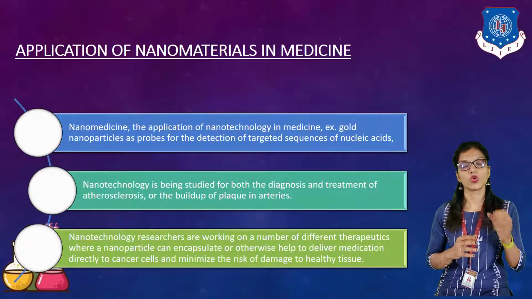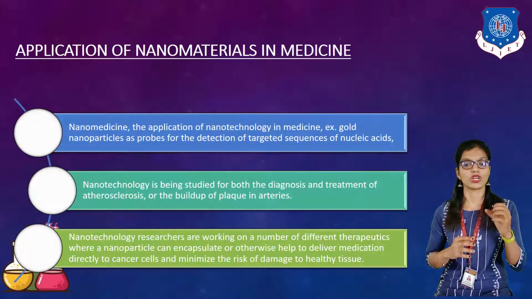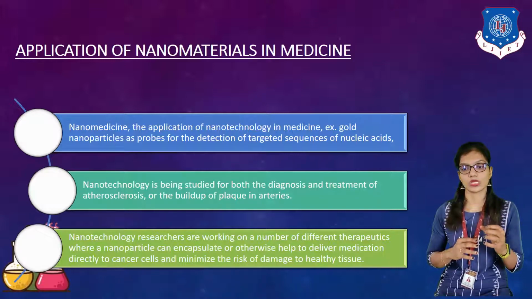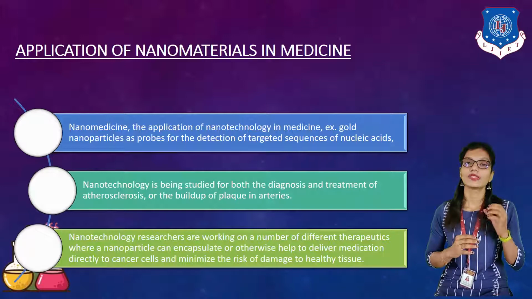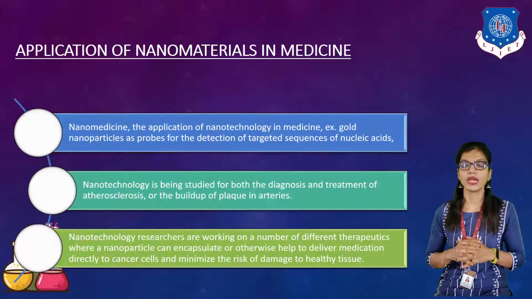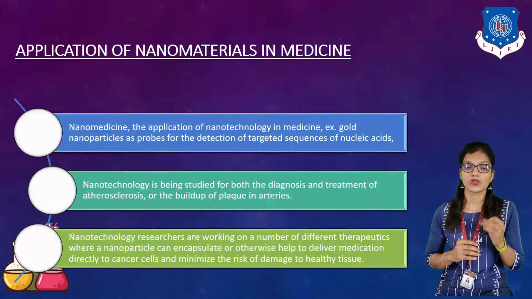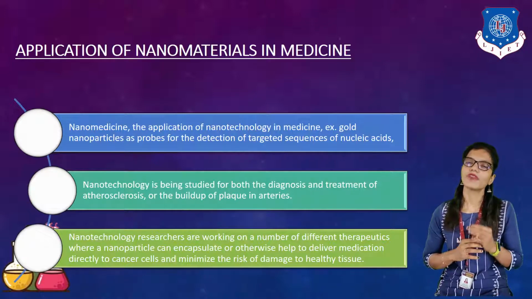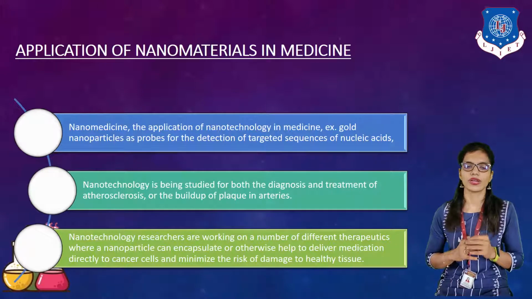For example, gold nanoparticles as probes for detection of targeted sequences of nucleic acid. Similarly, it is used for both diagnosis and treatment purposes. Right? It is widely used in the treatment of atherosclerosis or the buildup of plaque in arteries. Right? This is a very general and very popular example of it.